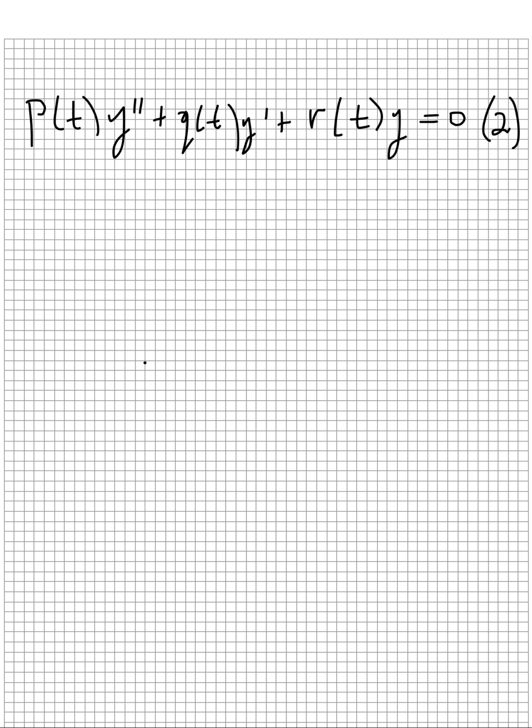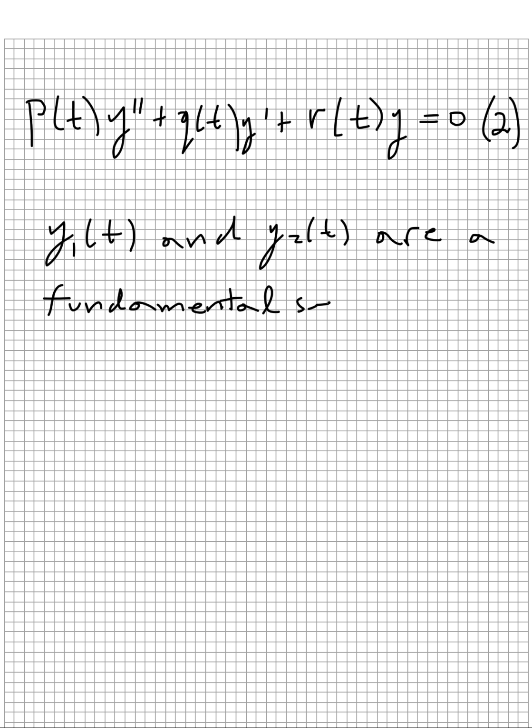Also, recall that in order to write down the complementary solution, y sub 1 of t and y sub 2 of t are a fundamental set of solutions. That's important to remember.